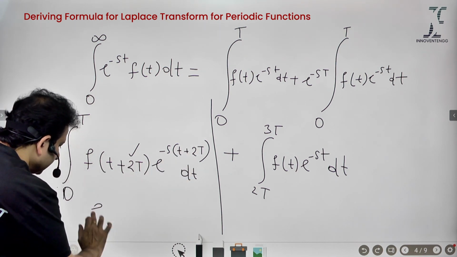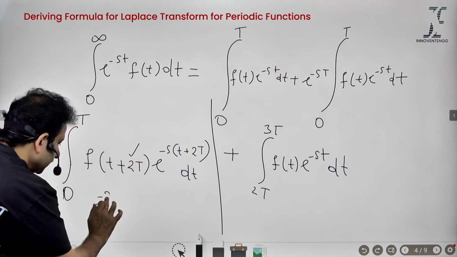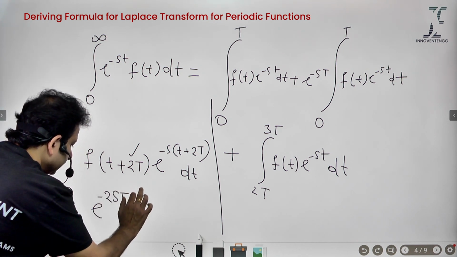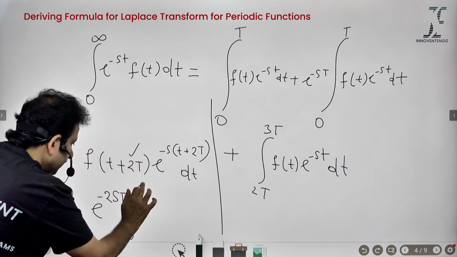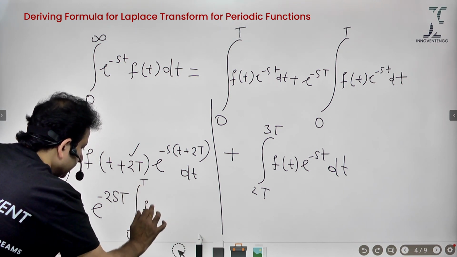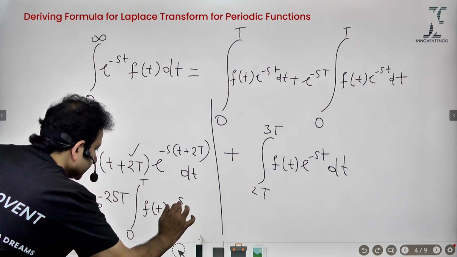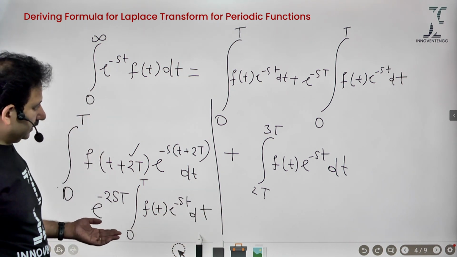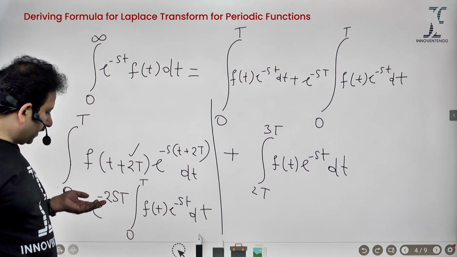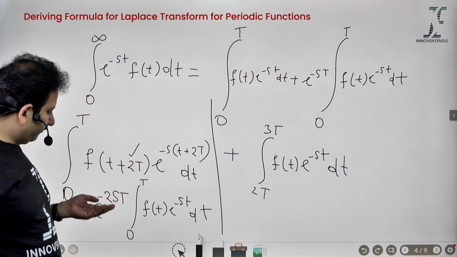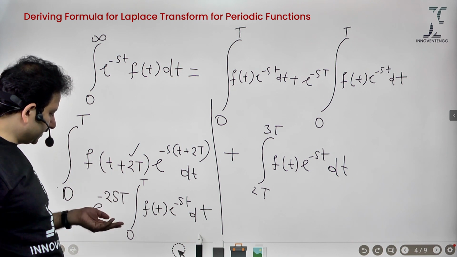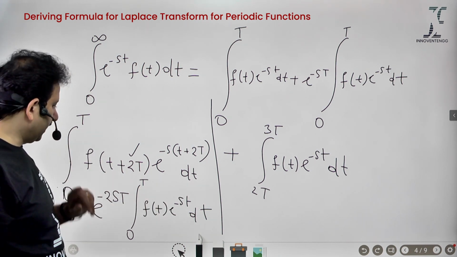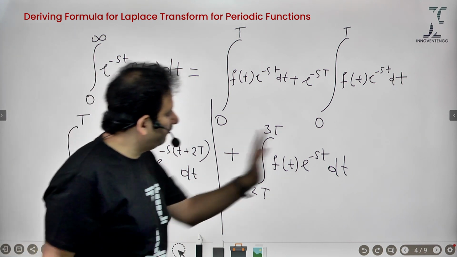So I can rewrite it as e power minus 2sT, and then integral 0 to T f of t e power minus st dt. See, for the second one, you have got e power minus 2sT. First one, it was e power minus sT. So this keeps growing by 1 every time, right? For every integral, you have an infinite number of integrals.